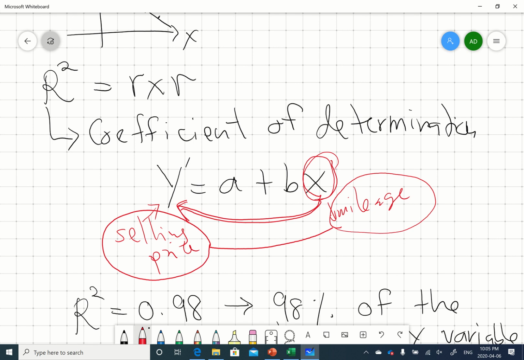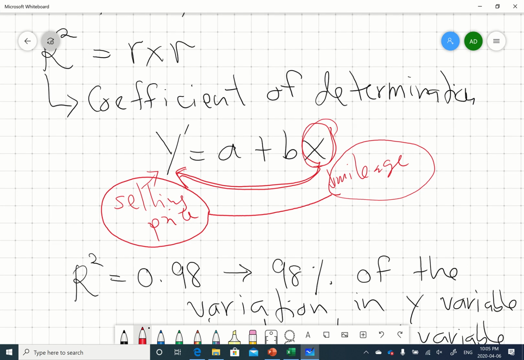And the goal of the coefficient of determination is to figure out whether the x variable is the only variable which changes the y value, or whether there are any other factors that we have to take into consideration. Or in simple words, is linear regression enough? Do I need to look into multiple regression? Do I need to look into a non-linear analysis?